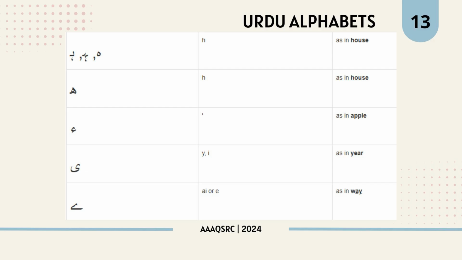Next alphabet. It's not actually an alphabet, it's a sound. Okay. In the start, I told you we have many words, and a few alphabets are not words, they are just sounds. Then we have ha, and there are two ha.